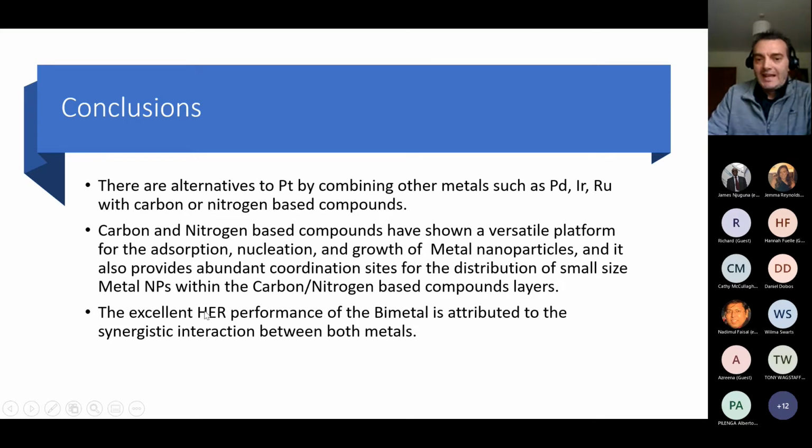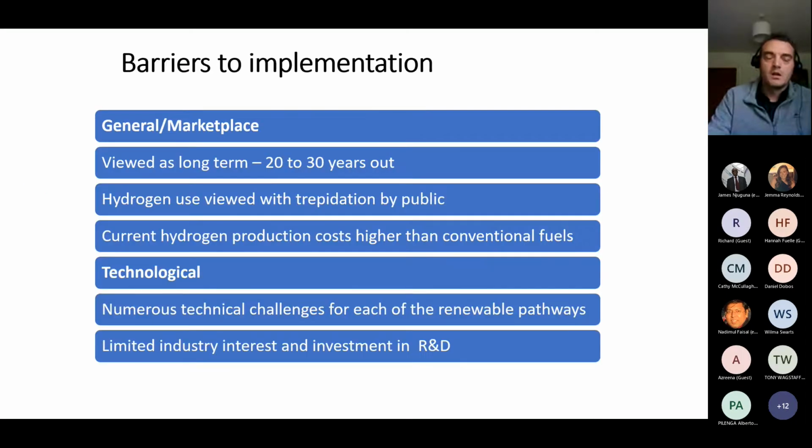We also said the excellent hydrogen evolution reaction performance of bimetals is attributed to the synergistic interaction between both metals. So those are the conclusions from today.